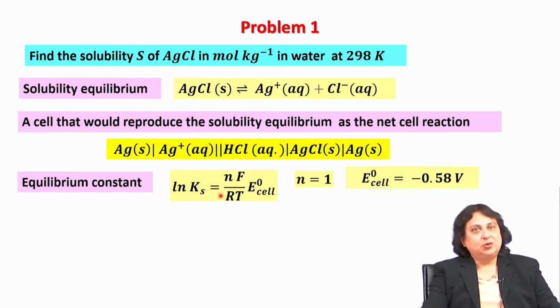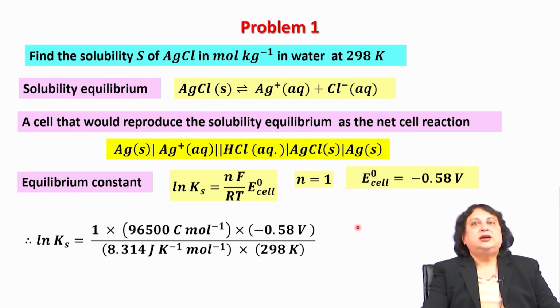Now, I am going to find out the natural logarithm of Ks, that is the equilibrium constant for the solubility equilibrium, in terms of n, which is known, and in terms of E naught cell, which is known, and since I am working at 298 Kelvin, I can put in the values of F, R and T equal to 298 Kelvin along with n equal to 1 and E naught cell equal to minus 0.58.